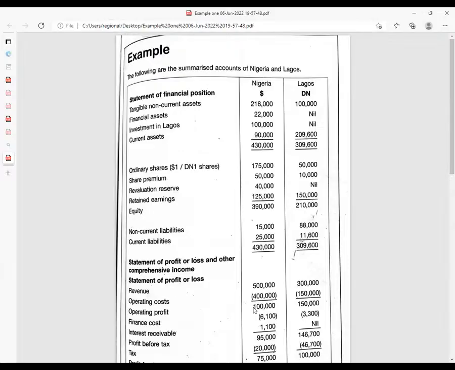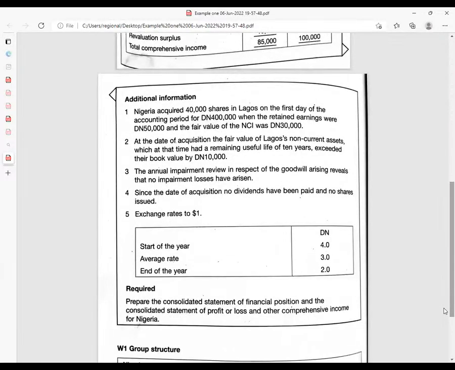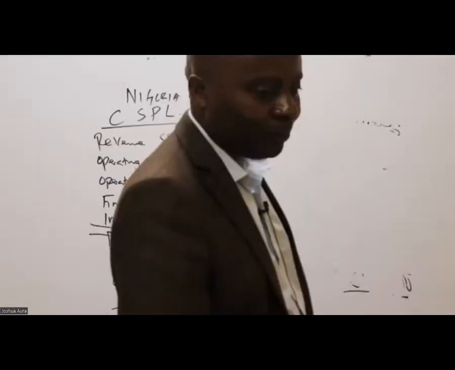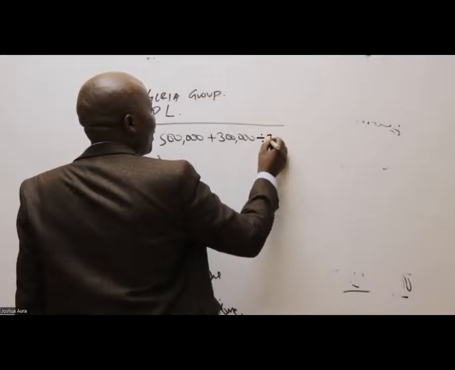Which rate should I use? When we started, I gave you the procedure. Average rate. Do you remember that? For income statement, it's always average rate, divided by 3. So divide this by 3.